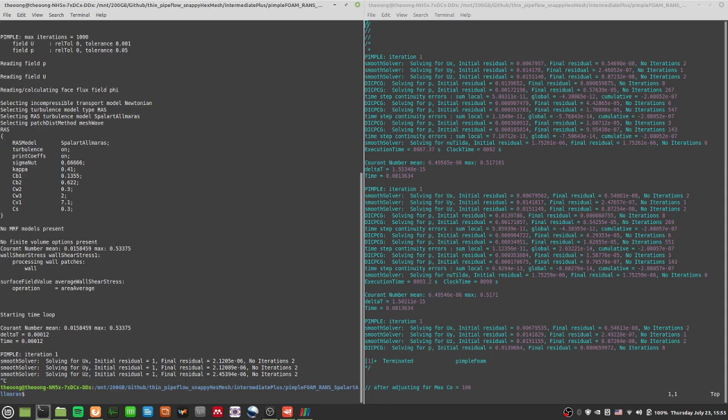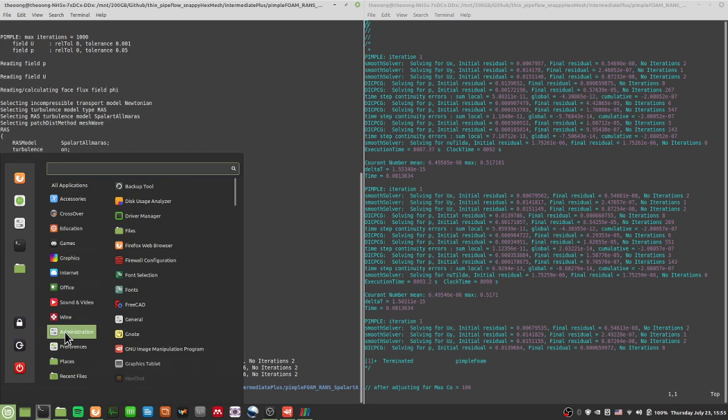Just to speed things up, you can make the initial delta t a little bit higher. I want a Courant number of, let's say, 10 initially, so we can increase this delta t by 20 times.